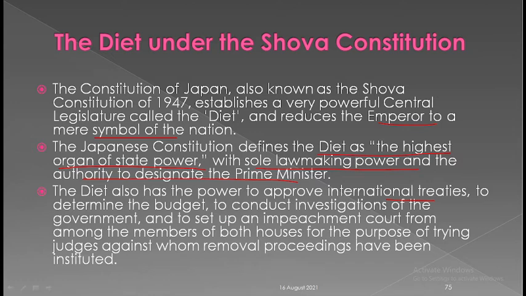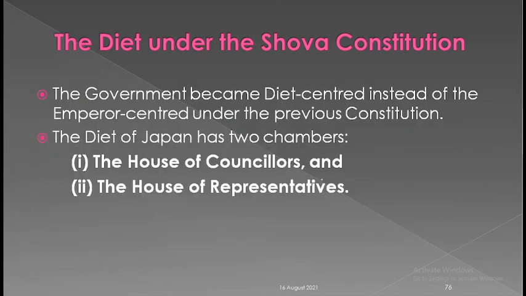In short, under the Constitution of 1947, the Prime Minister and the Cabinet have been empowered, and particularly the Diet or the Parliament has been made a very, very strong organ of the state power. In other words, it is the highest organ of the state with the sole law-making power and authority. It has so much power.